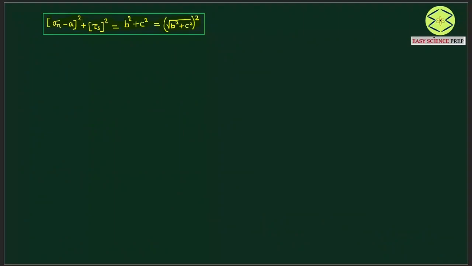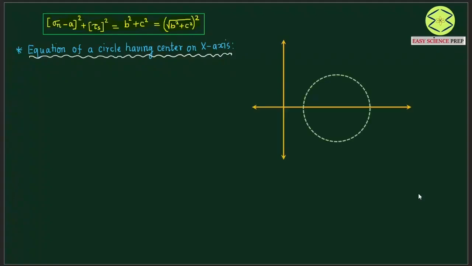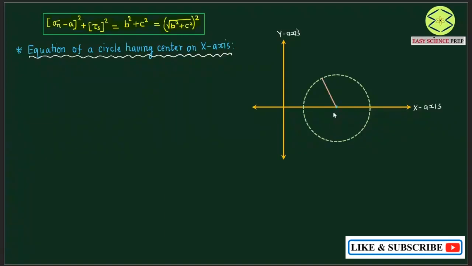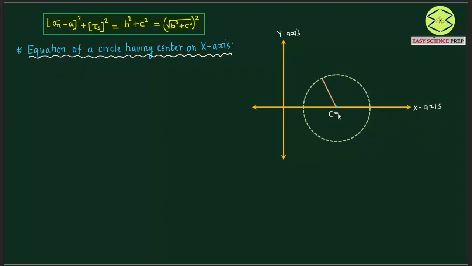Now we would like to understand a very important thing here, and that is the equation of a circle having center on the x-axis. Let me show you a circle having center on the x-axis. I have drawn a circle having center on the x-axis. Let me say C is the center of the circle.